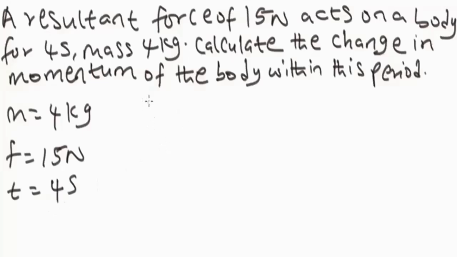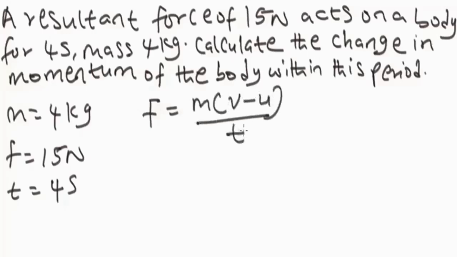Remember, Newton's second law of motion: the rate of change of momentum of a body is directly proportional to applied force. That's force equals change in momentum over time. So when we cross multiply, that means impulse equals mass times change in velocity.